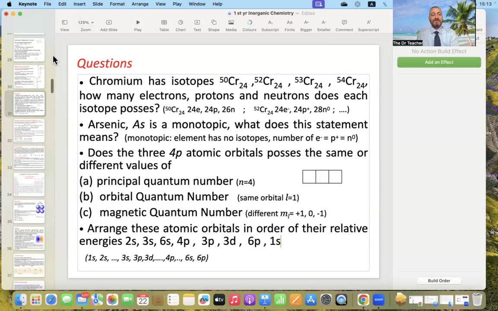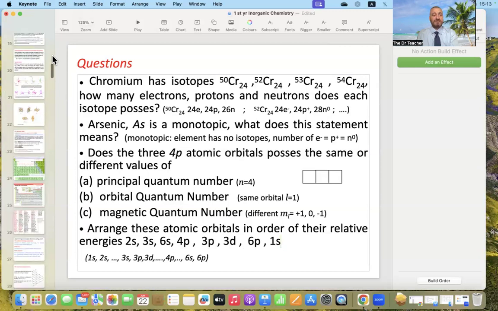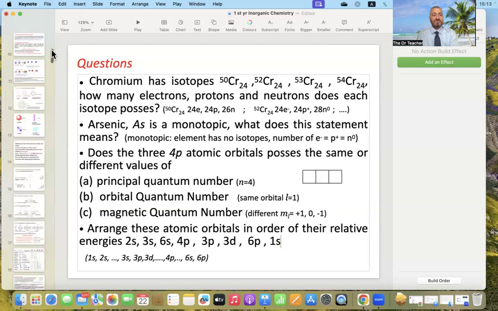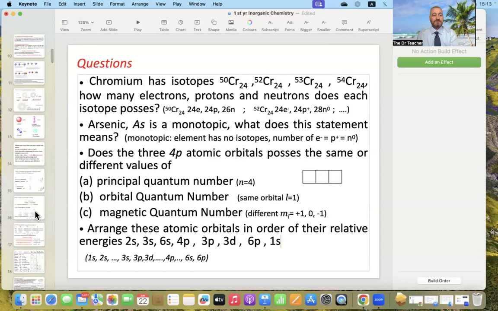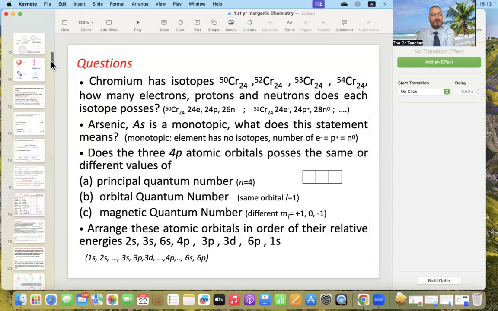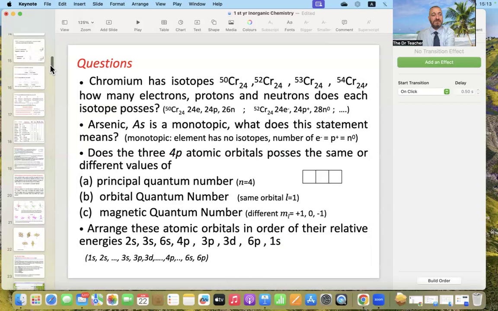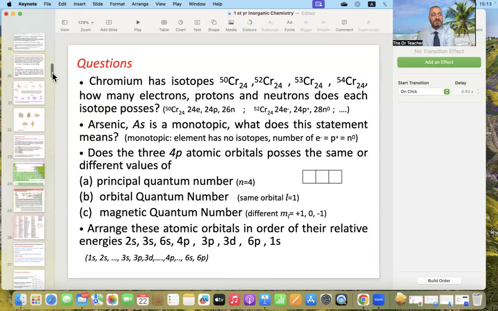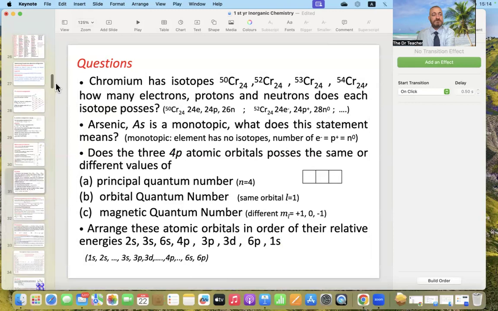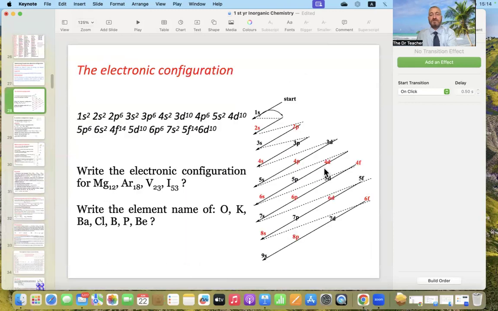I show you the drawing here. You can see 1s2, 2s2, 2p6, 3s2, 3p6, 4s2, then 3d.